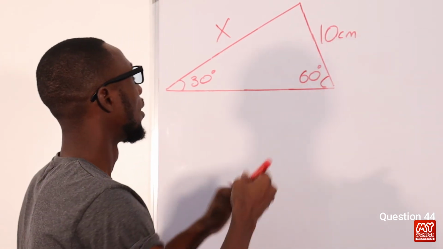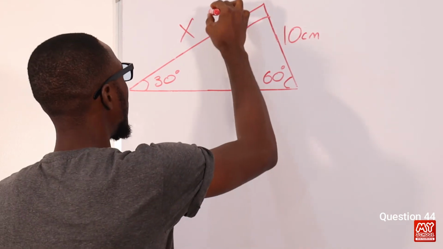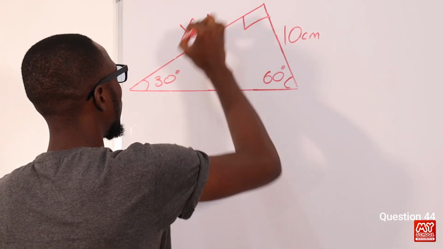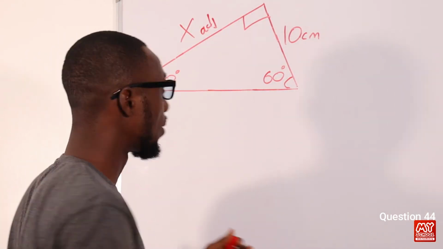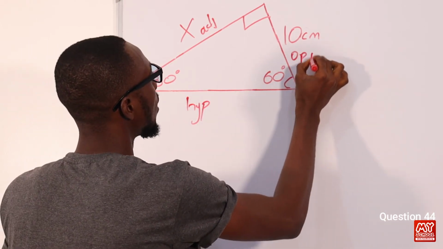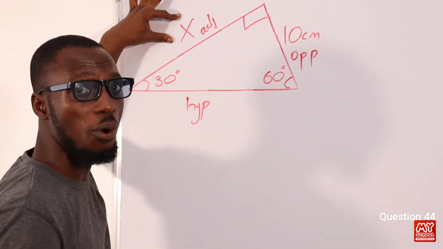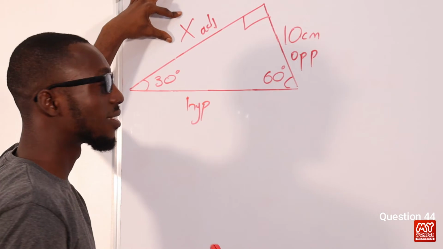Okay, so you can see this is a right angle triangle. All right, so this makes for our adjacent. All right, the hypotenuse is always the longest side, and this is the opposite. So we are asked to find X.